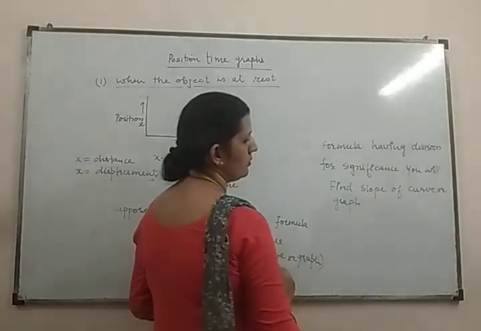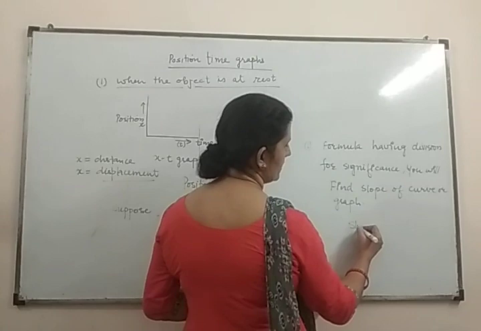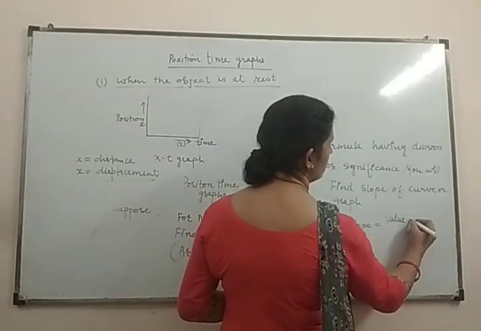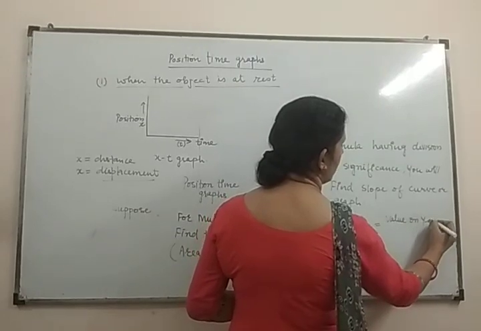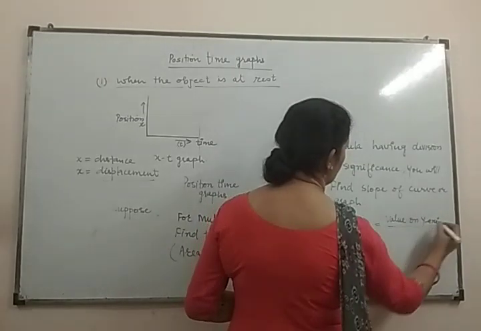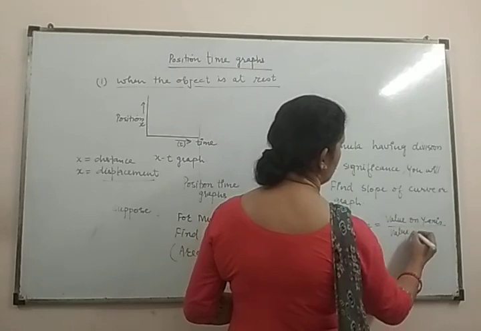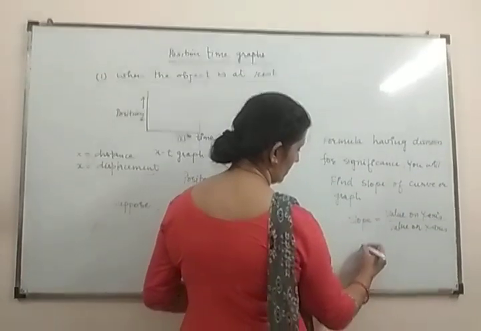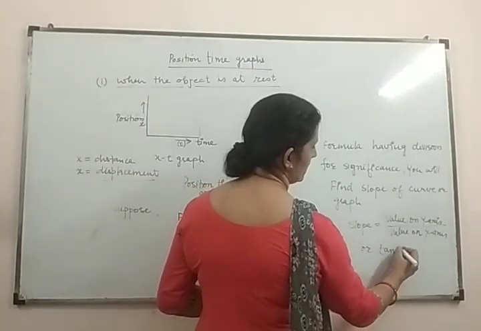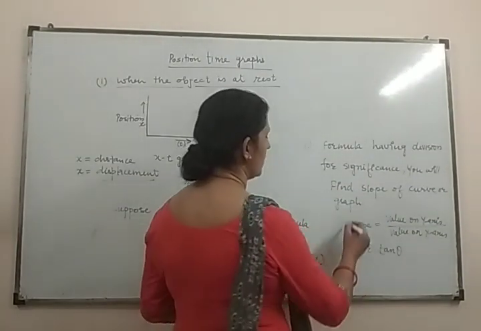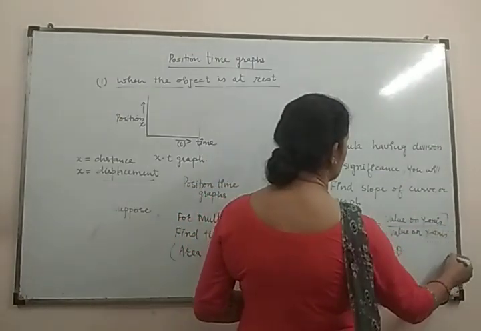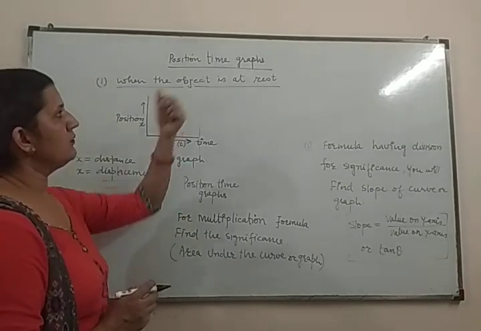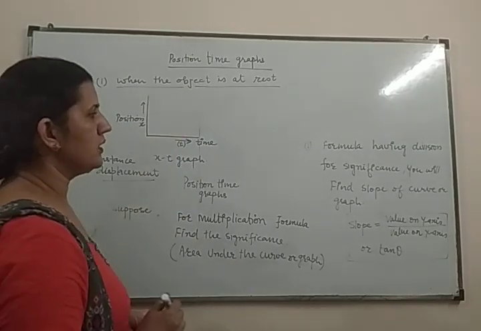How is the slope calculated? The slope is calculated as the value on the y-axis divided by the value on the x-axis, or tangent of theta, the angle. You can calculate the slope. These two things you have to remember for studying the significance of XT or VT graphs.